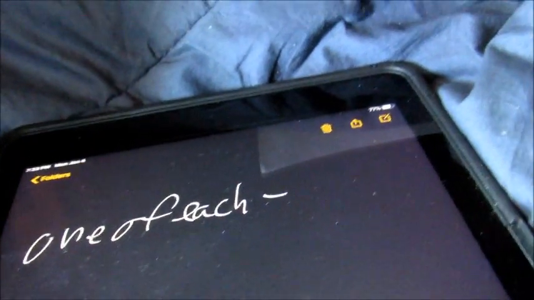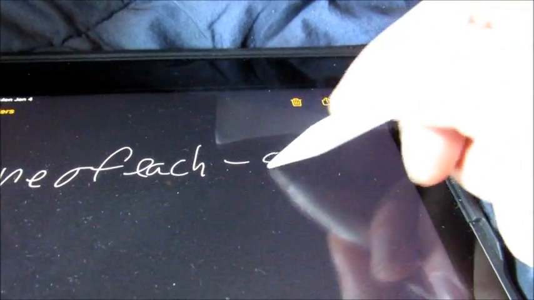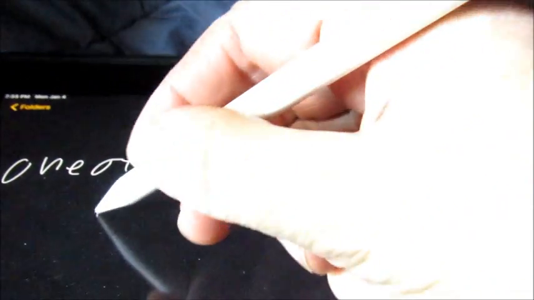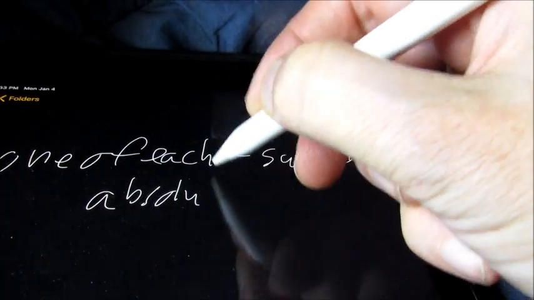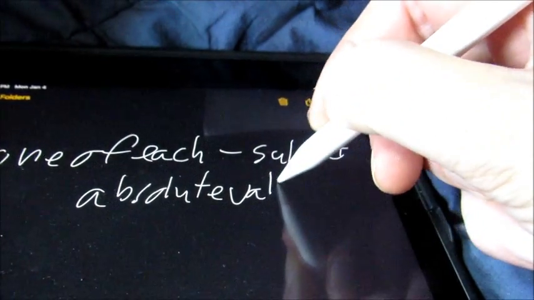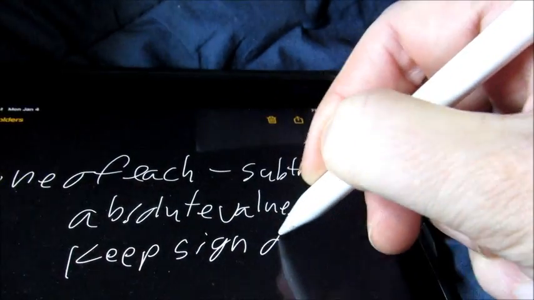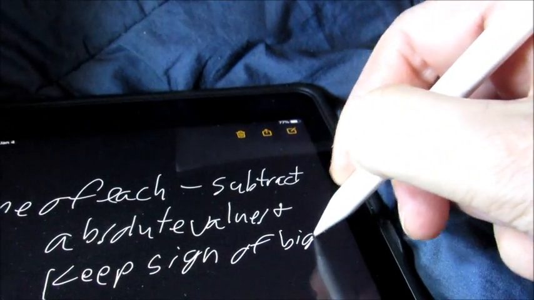Okay, however, let's say that we have one of each. That's if we have a positive and a negative. We're going to subtract absolute values and keep the sign of the bigger number.